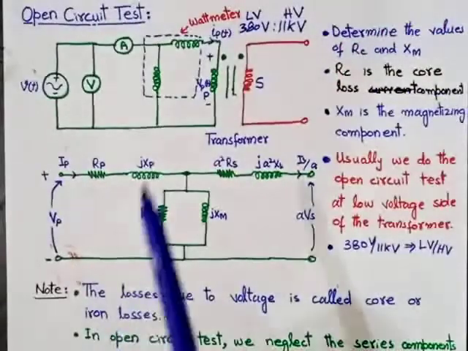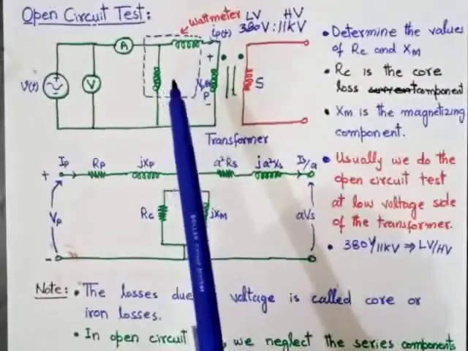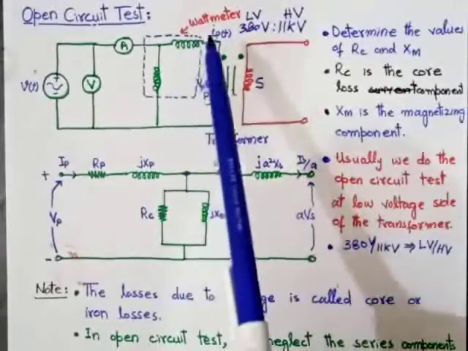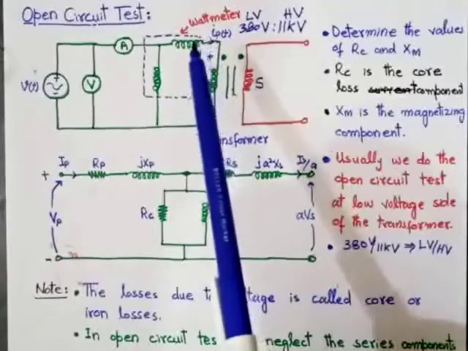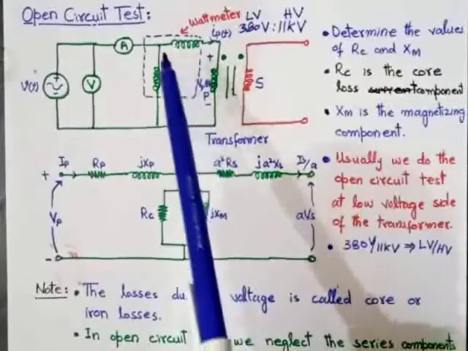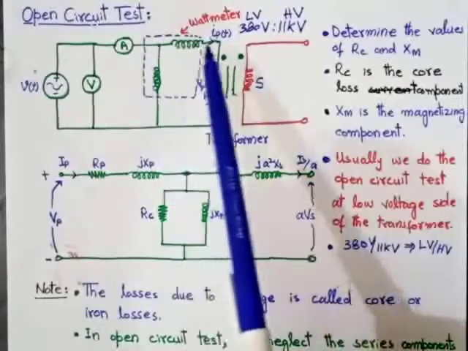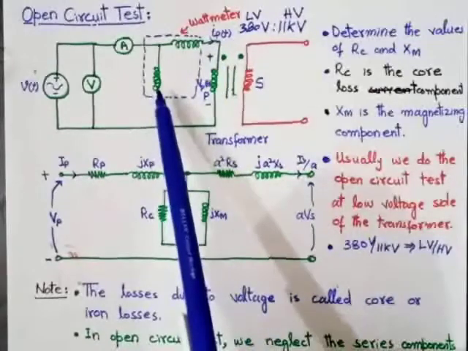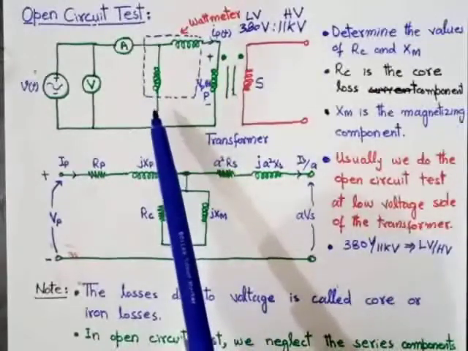So first of all, we will measure the open circuit power by using the wattmeter. As we know, in case of a wattmeter, there are 3 points. This is the common point, this is the CT point of the wattmeter and this is the PT point of the wattmeter.